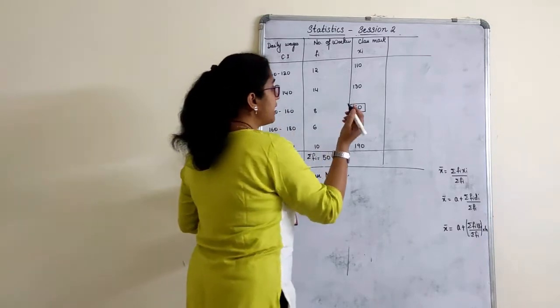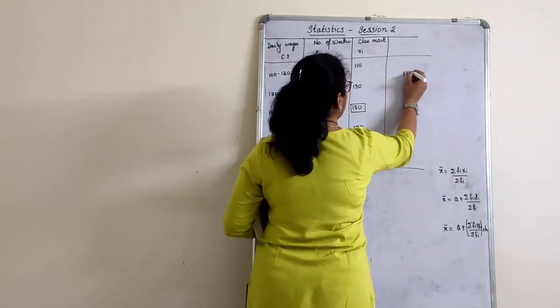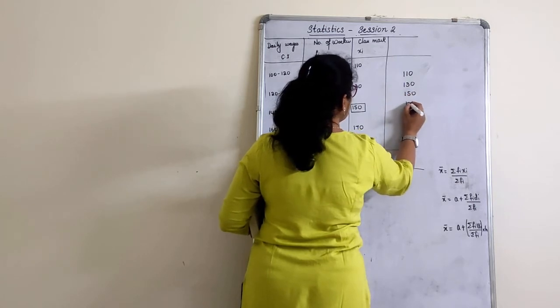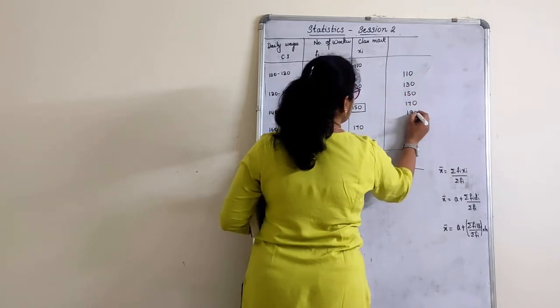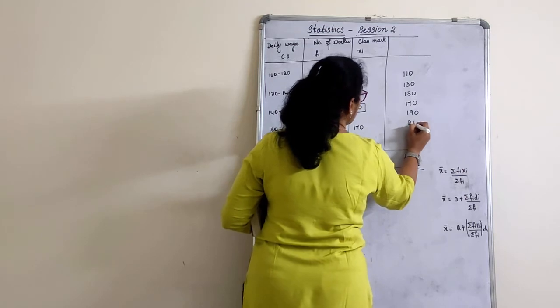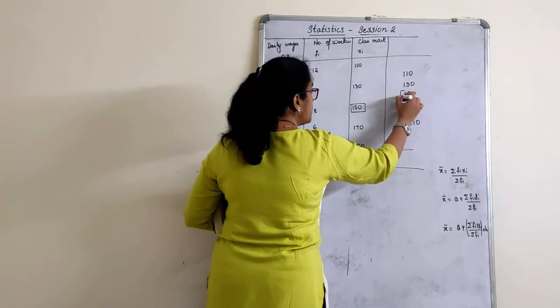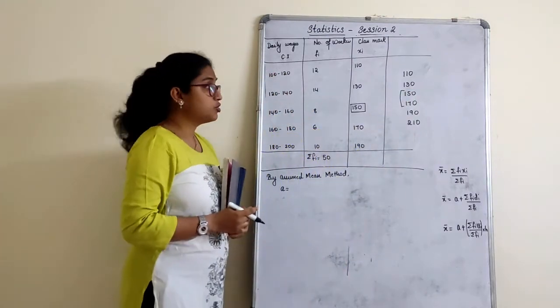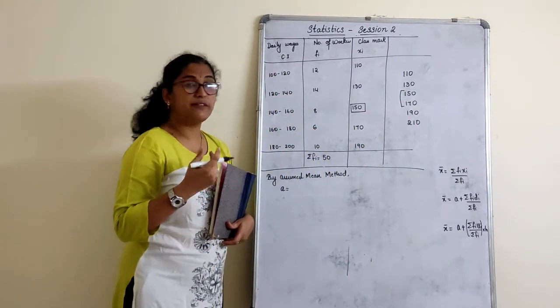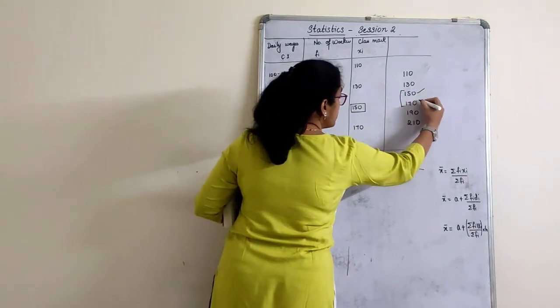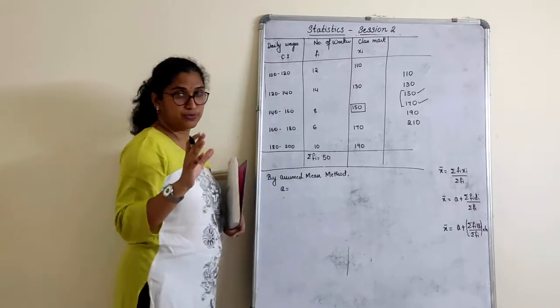Assume that the terms are like this, for example, 110, 130, 150, 170, 190, 210. So you got two numbers in between. You can do 150 plus 170 divided by 2 also. Choose anyone, either choose this or choose this. It's up to you.